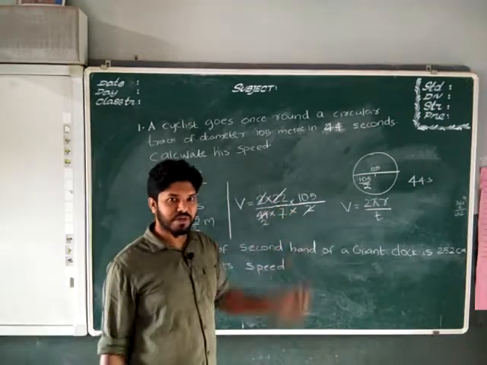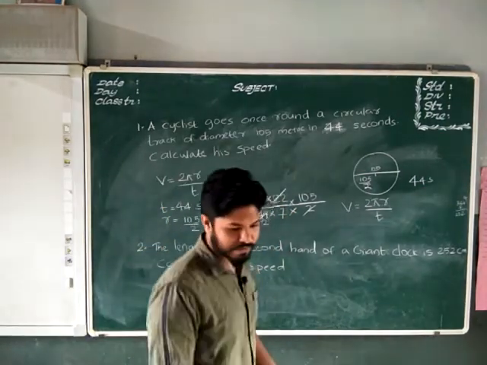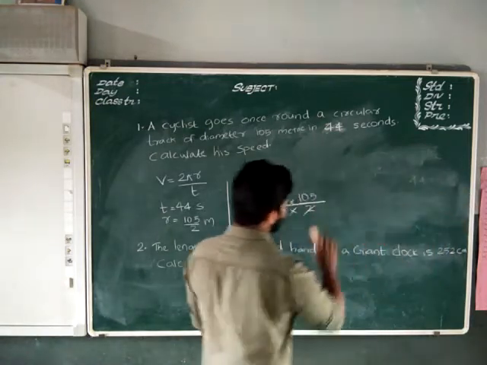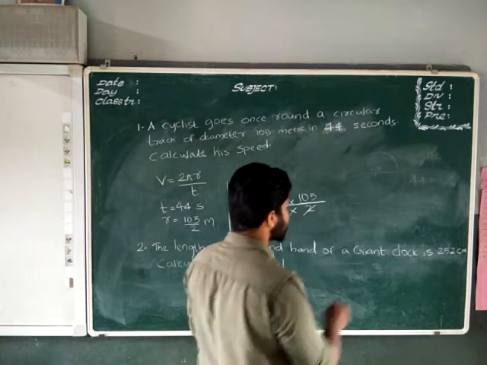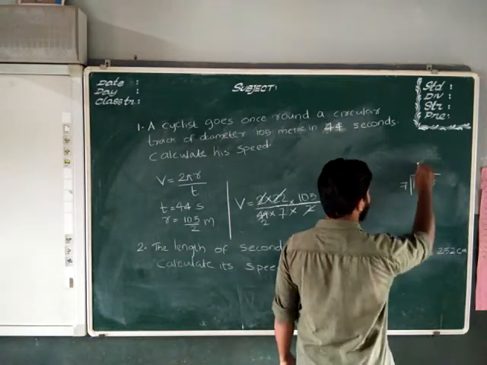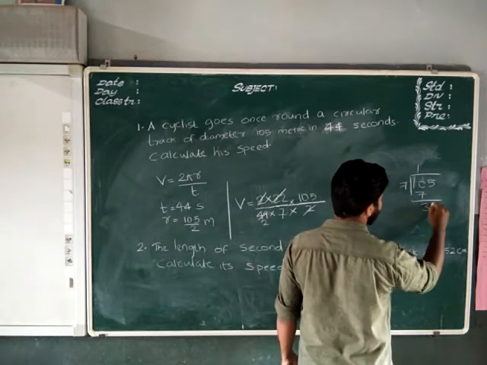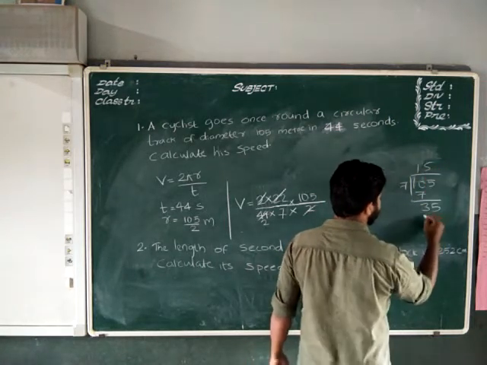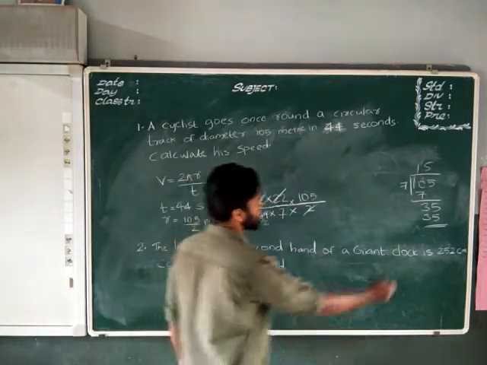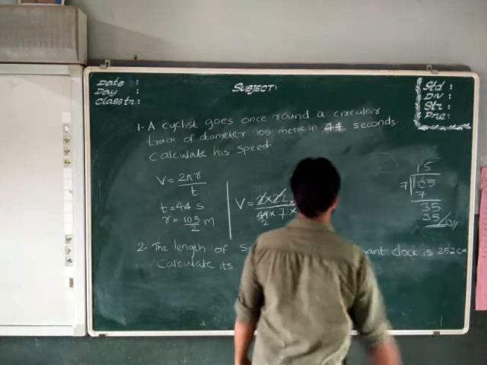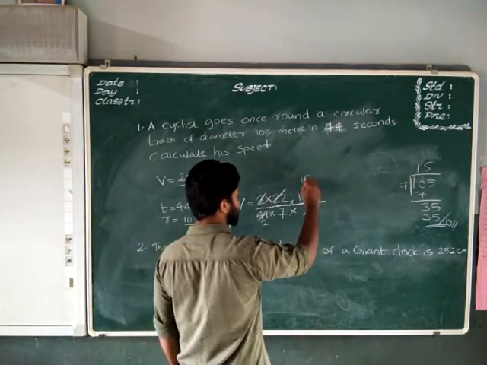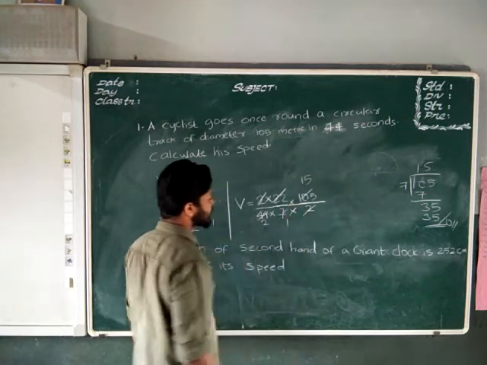Now 7 and 105. Can we cancel 7 and 105? Let us check. Let me divide 105 by 7. 1 7 is 7, 35, then 5 7s are 35. So it is 15. Let me cancel this as 15 and here 1.